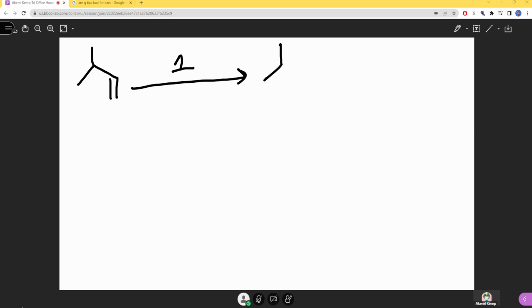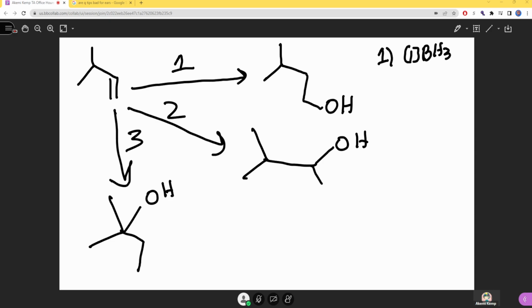we've made this. Now, the reagents that were listed in the answer choices were, let's say 1, BH3 and THF with, no, not sulfuric acid, whatever this is, and I think this was peroxide and hydroxide.